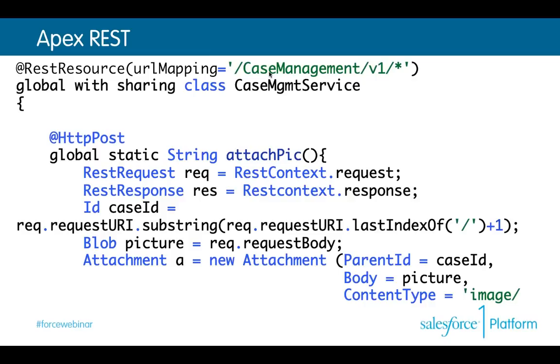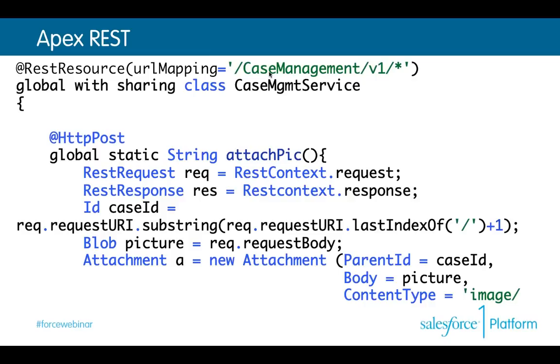There's no additional configuration, administration, or development in order to have a REST API that does that against your data model. But there are situations where you may want to create a very specific flow of business logic and have that attached to a REST endpoint. And with Apex REST, I can do this by annotating a class with REST resource. That is going to have me define the URL mapping that I can find my REST resource. So in this case, it would be like /apex/case management.